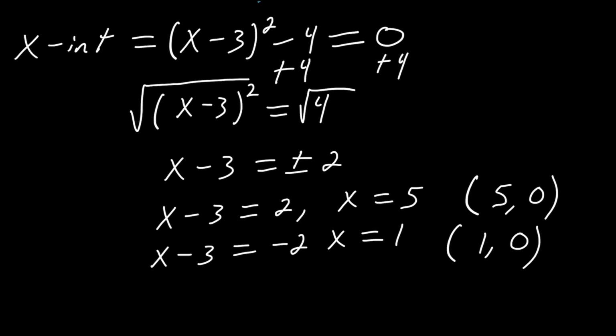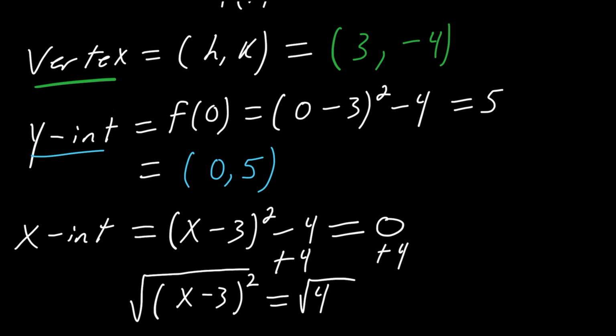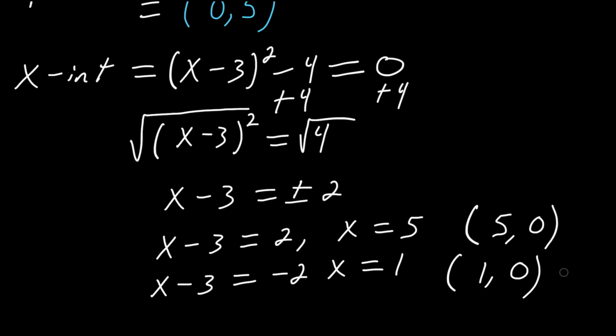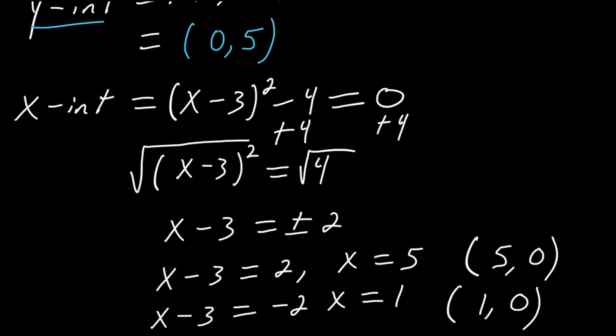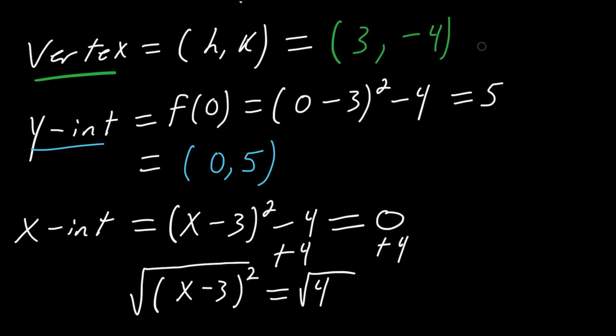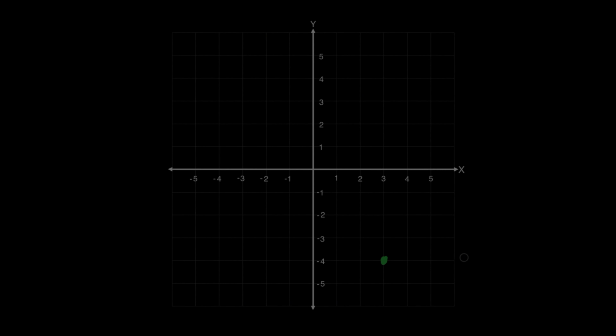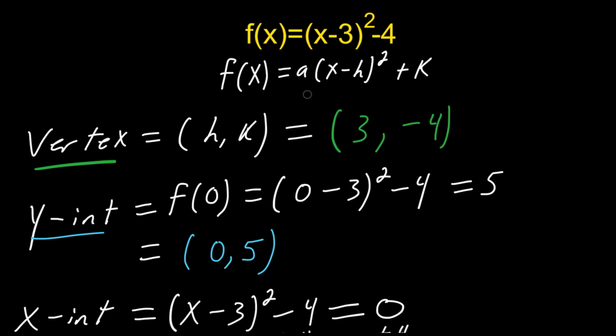So there we go. We have the vertex, the y-intercept, and now the x-intercepts. So let's go ahead and graph this, starting with the vertex. The vertex is (3, negative 4). We move 3 on the x-axis and negative 4. That right over here is the vertex. Now, something interesting to remember: we have f of x equals a times (x minus h) squared plus k.